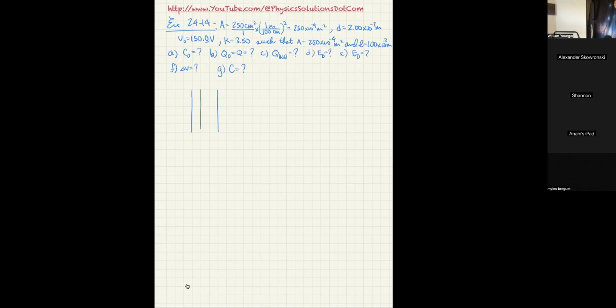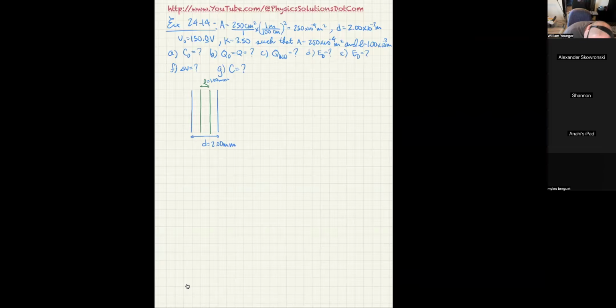Imagine the dielectric is this little space here, and this distance is L, and the distance from here to here is D, and of course both of them have an area A. We'll have 0.5 millimeters on one side and 0.5 millimeters on the other side to make up the difference, because L is equal to 1.00 millimeters. Sorry, I wrote meters squared because it's m times m, and D is equal to 2.00 millimeters.